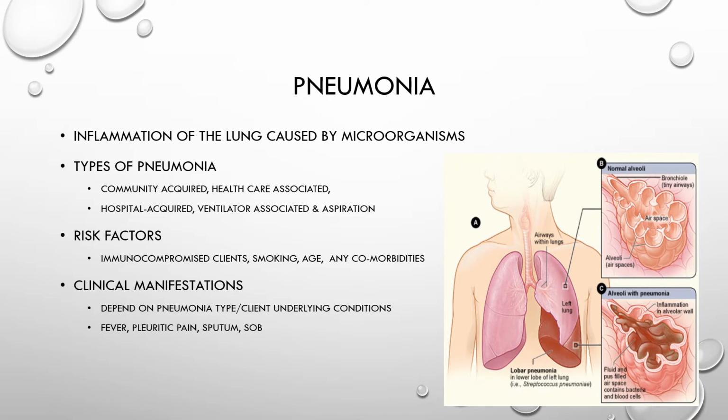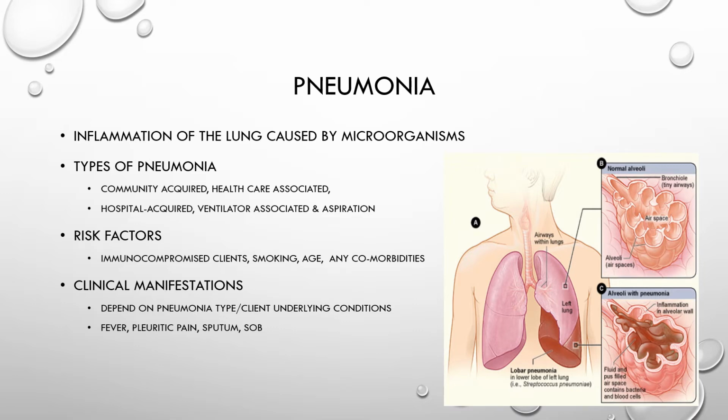For someone who is on a ventilator, there are many interventions that are put into place to help prevent these ventilator-associated pneumonias. Things such as keeping the head of bed elevated at least 30 degrees, having the client be on a PPI to prevent any aspiration, providing oral care every 2 hours.